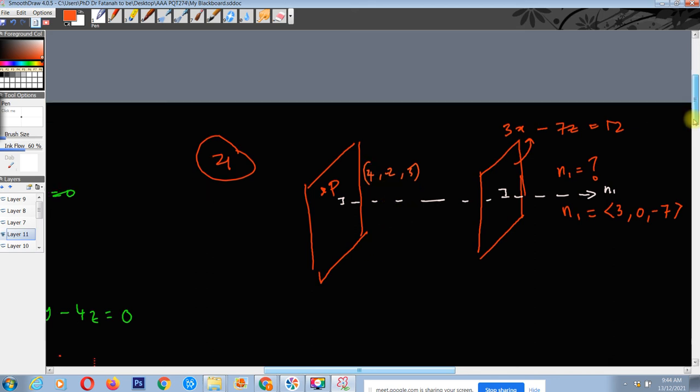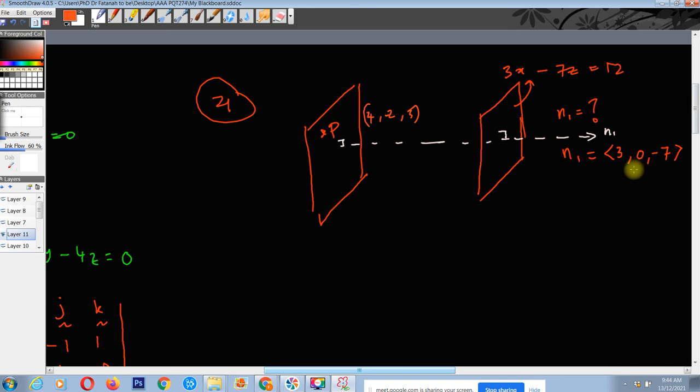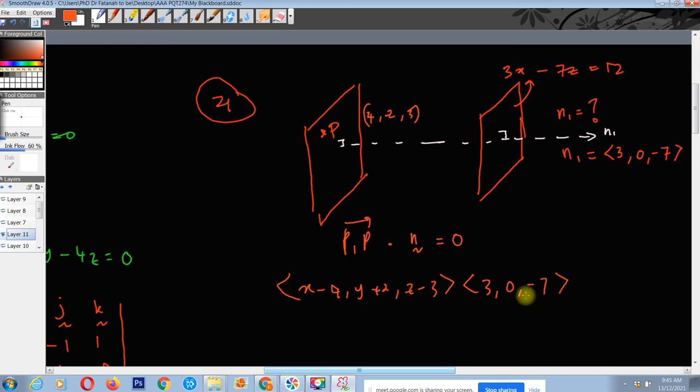So now what's next? P1P dot with the normal equals 0. So x minus 4, y plus 2, z minus 3, times this normal n1, which is 3, 0, negative 7, equals 0.